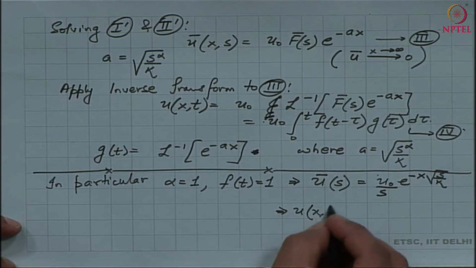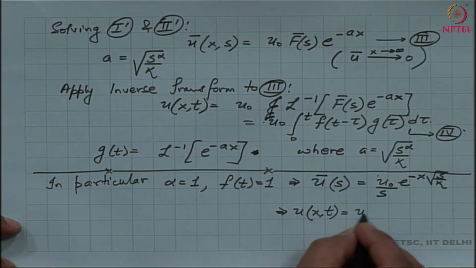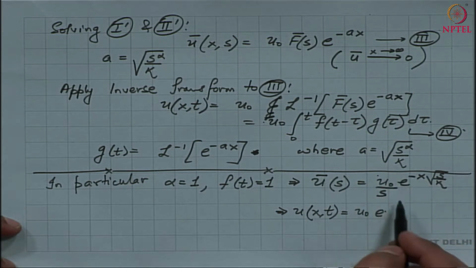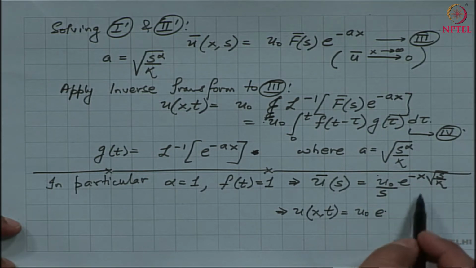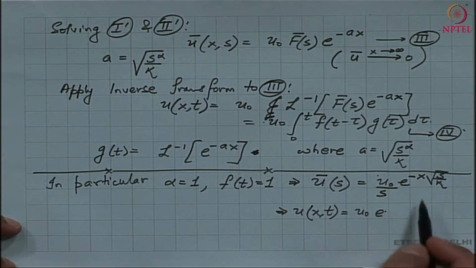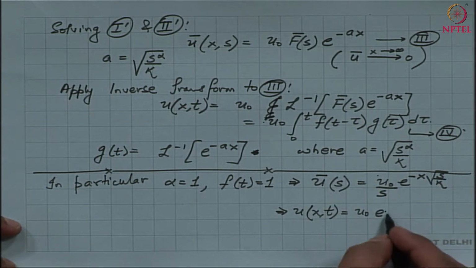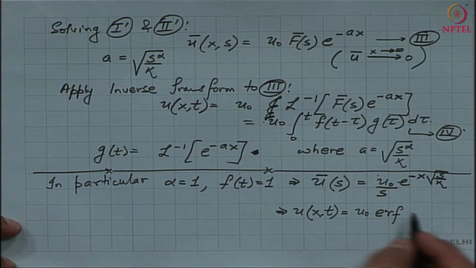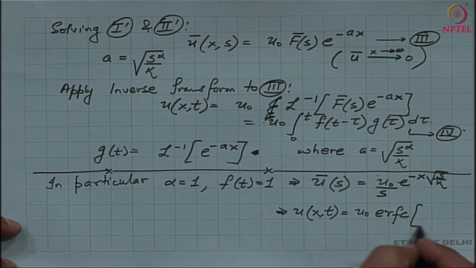So, I see that u of x comma t is u naught times the, well, in this case I can always find the inverse transform. The inverse transform has been found in one of my previous lectures on Laplace transform. Let me write down the answer for this case. I get the solution as the error function complement of the following argument.